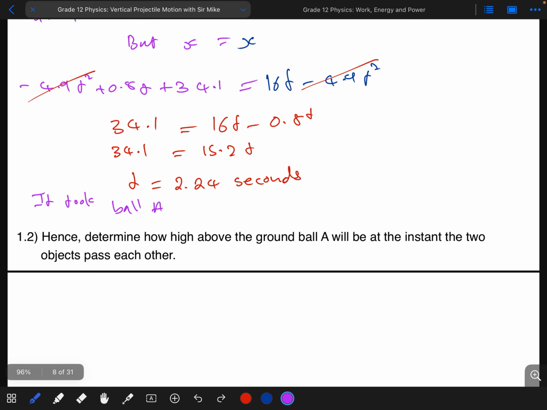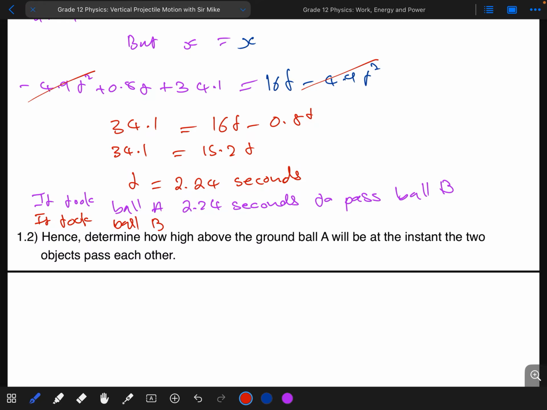So I would say it took ball A 2.24 seconds to pass ball B. That simply means it took ball B whatever time was taken by object A minus the late time.